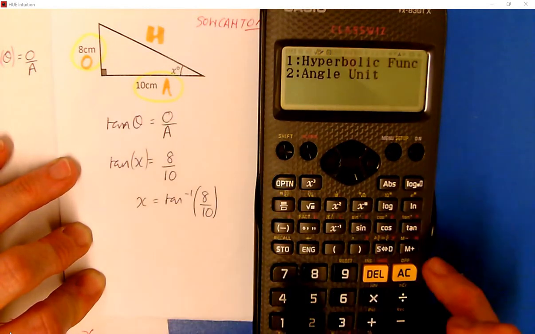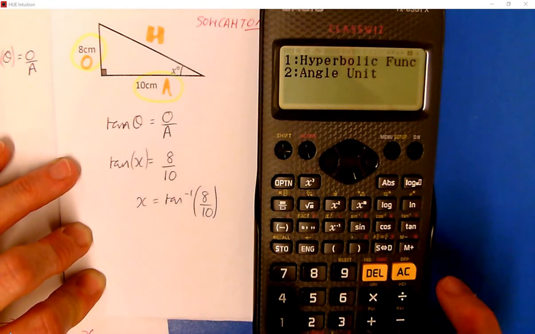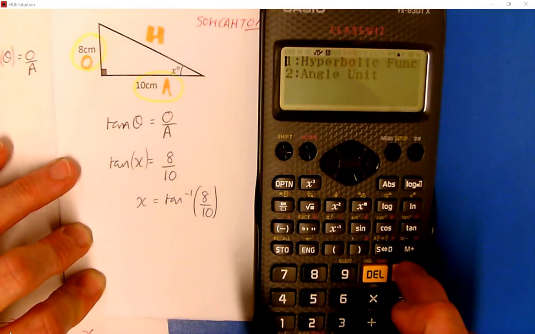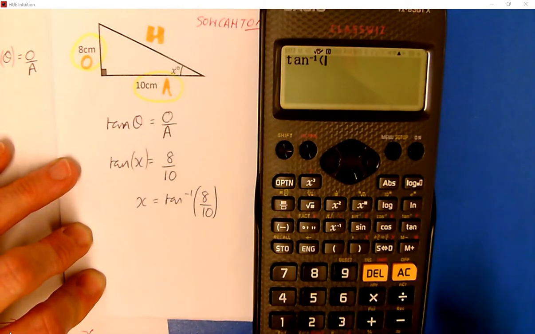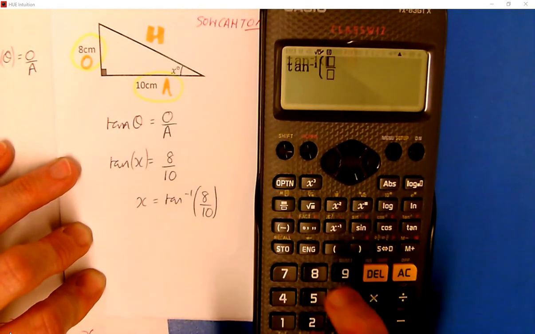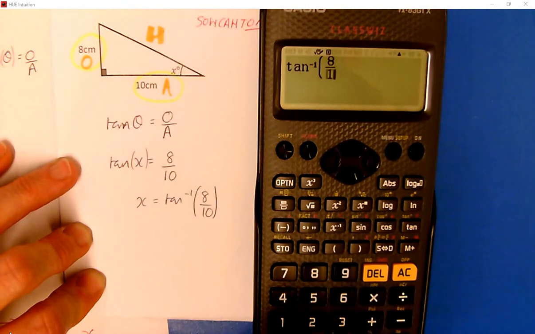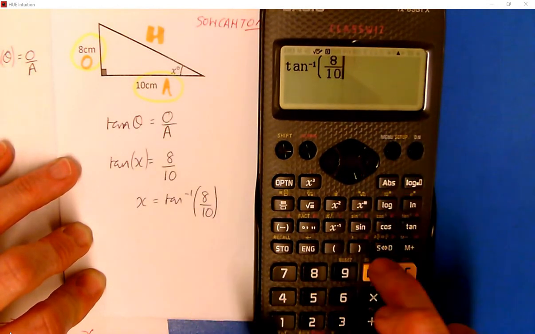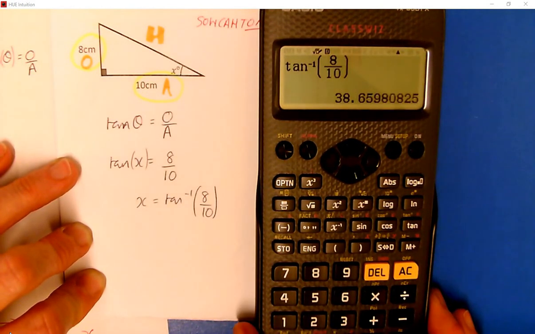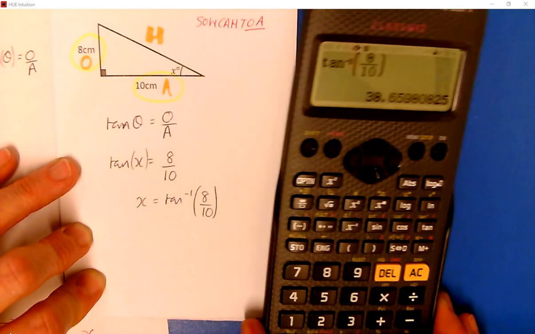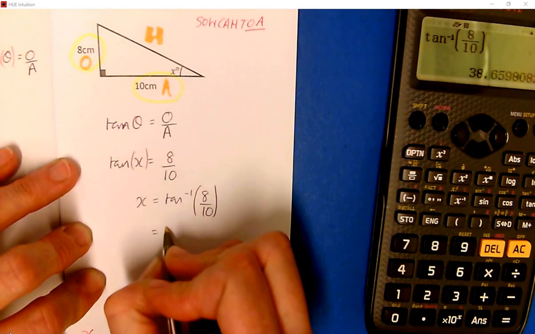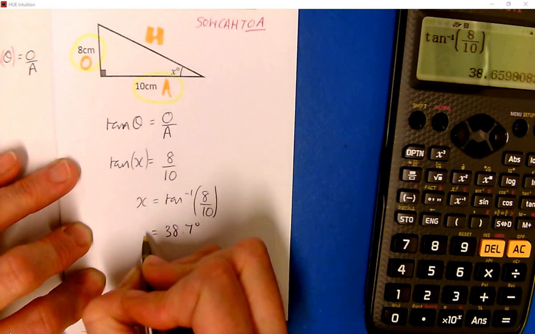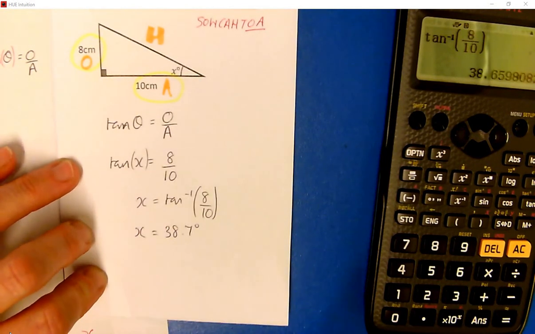So we're going to do shift, tan, and then we've got 8 over 10. And that gives us the angle is 38.7 degrees. Okay, I hope that's helped you.